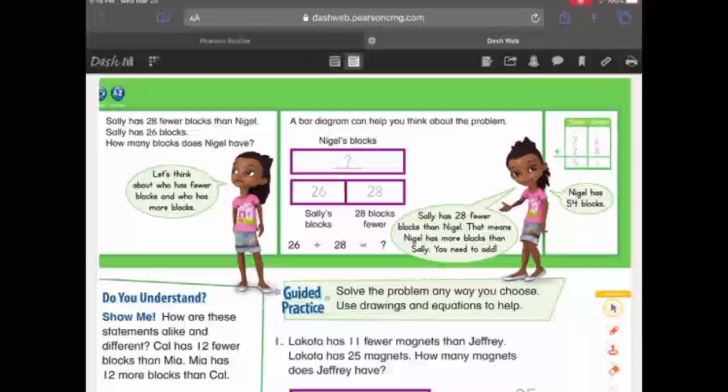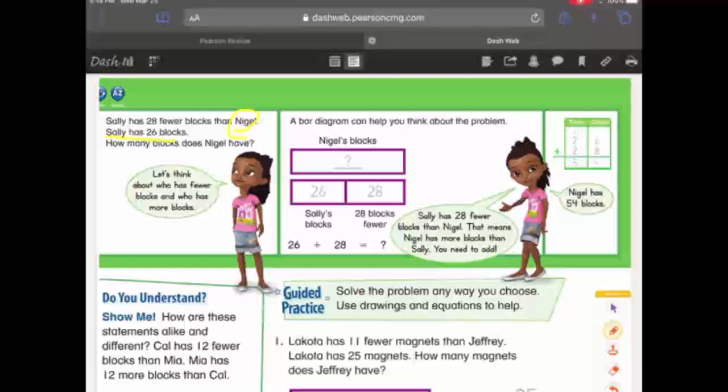So if Sally has 28 fewer blocks than Nigel, who is going to have more blocks? Nigel will have more blocks. We know that Sally has 26, and she has 28 fewer than Nigel.